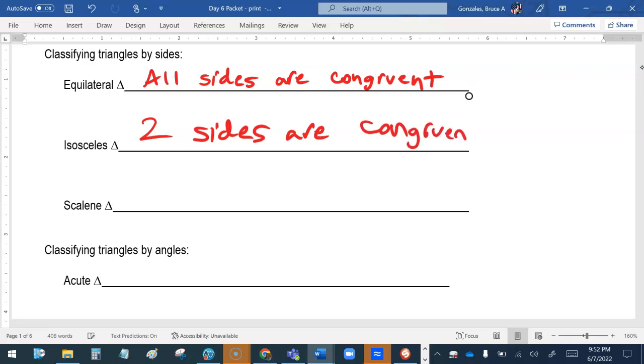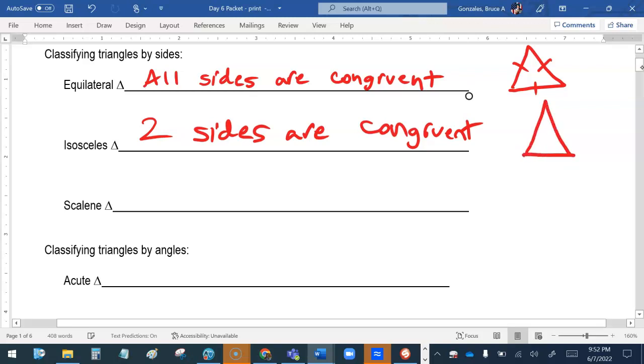Draw a little picture for the first one, my bad. So if I drew a little triangle with tick, tick, tick, 3 congruent sides, that's equilateral. Now, 2 sides are congruent. You can draw it like this. Only 2 sides are the same. That's isosceles, okay?